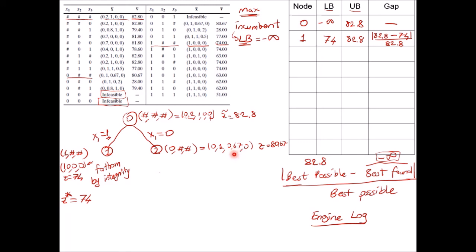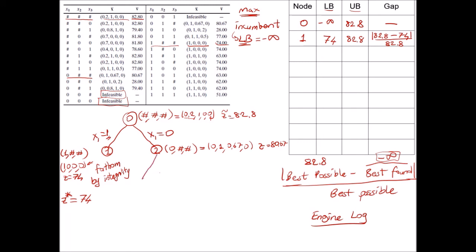In order to fathom by bound, I need to check this value, 80.67. Is it worse than the best integer solution? The best integer solution is 74, and this value is 80.67. In a maximization problem, this value is better than this one, so I cannot fathom because of bound. It means that I need to branch.